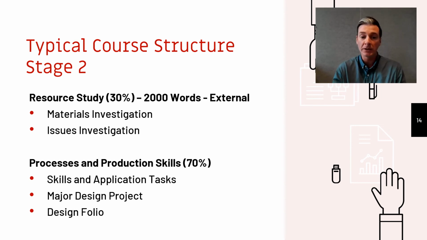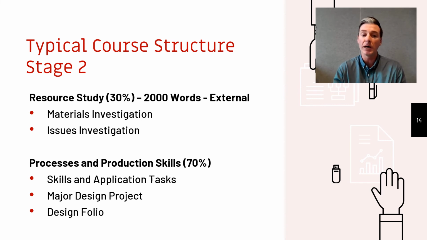The other component is the 70% processes and production skills. There will be at least two skills tasks as part of the assessment, and those need to be related to your product. They might be a joining technique in metalwork, or a welding technique for a metalwork component, or it could be learning some new CNC skills, for example.